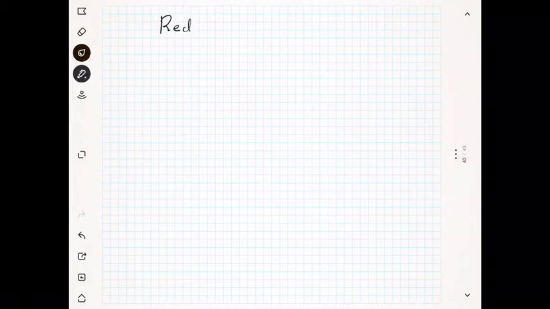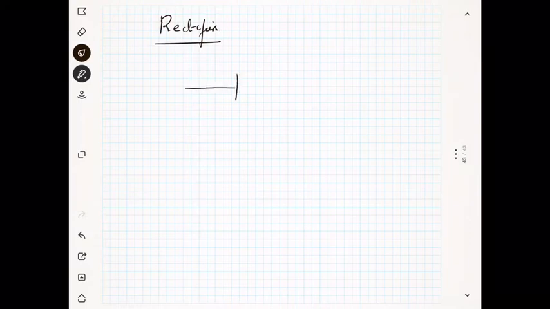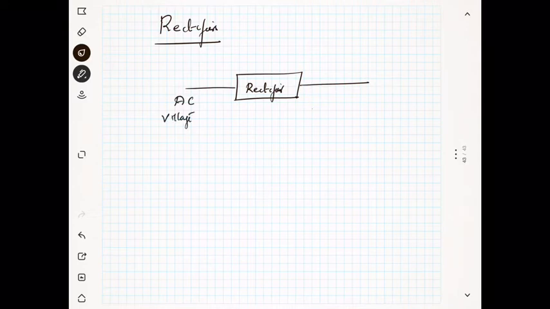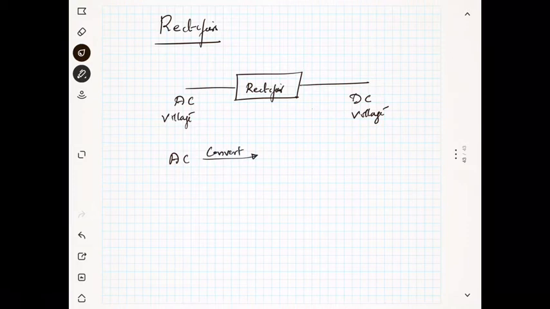That means we are going to explain the rectifiers. So what is a rectifier? Rectifiers are devices, I can show with a block diagram. You give an AC voltage as the input and you get a DC voltage as the output. That means you can convert AC to DC; this is nothing but the rectifier.